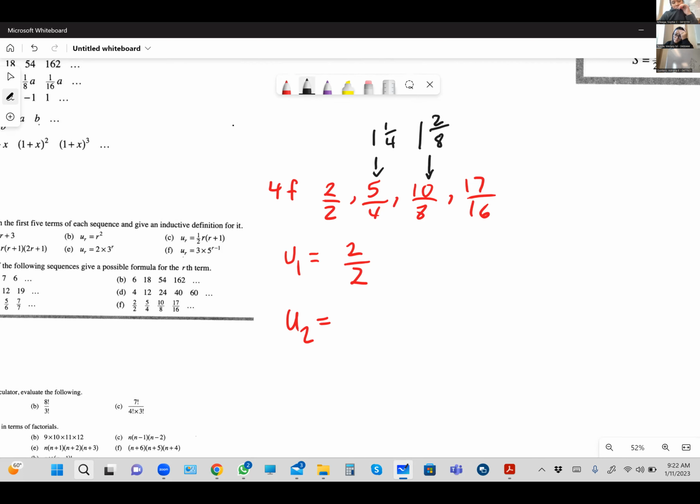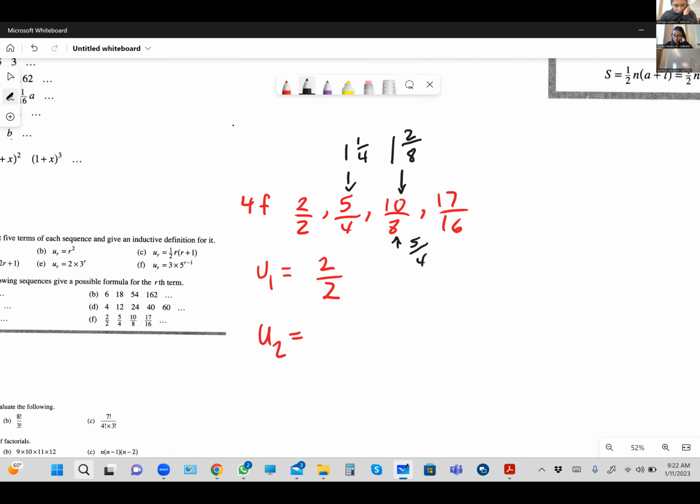It's 1 2/8. Does everybody agree it's 1 2/8? In other words, if I wrote it correctly, this is also 5/4. And the next one is 17 over 16. So that is 1 1/16.